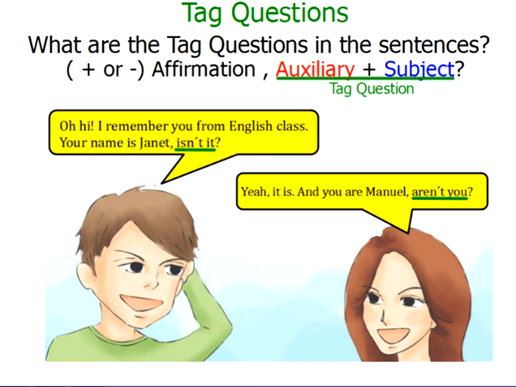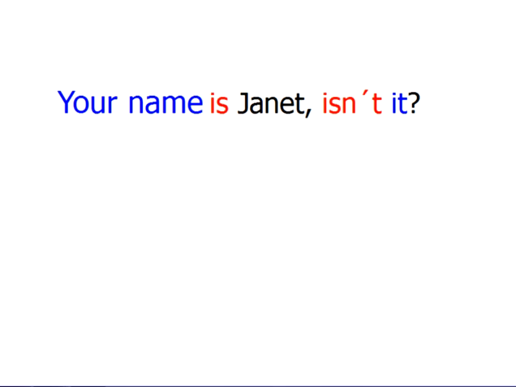So let's take a look at the grammar for tag questions. Let's take this example and analyze it. It reads, your name is Janet, isn't it? I need to identify first, what is my subject in this first part of the sentence? This is the affirmation, right? So the subject in this case is your name.